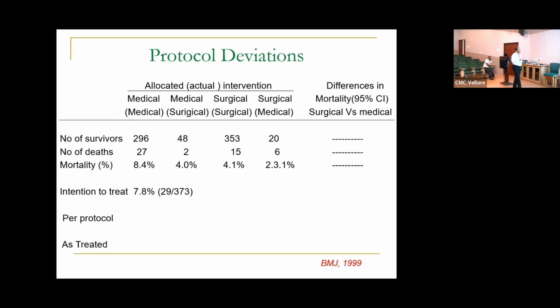Is that right? So this is now the surgical arm. Do you agree with this number? That is the surgical arm, 353, intention to treat analysis, 353 plus 20, 373 plus 21, 394. Is that right?